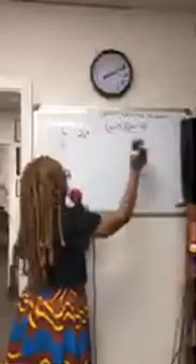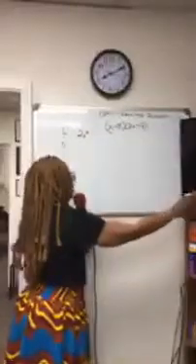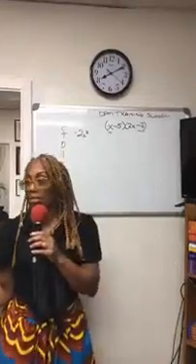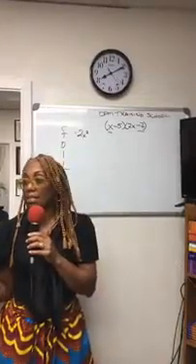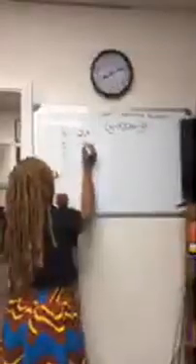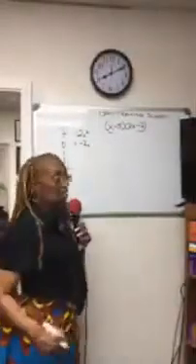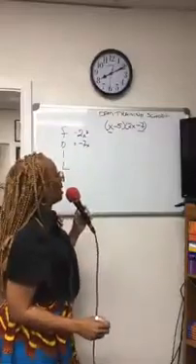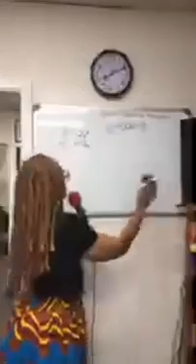Now, our outer terms are x times negative 7. So x times negative 7 is negative 7x. Okay? Now we have our inner two terms, which are what?